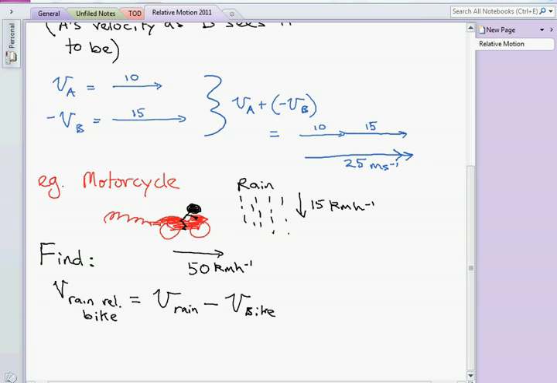We don't need the wiggly lines underneath, just to show you that you don't have to have them. How's that going to change? Plus, because we want it in plus, V rain, negative V bike.